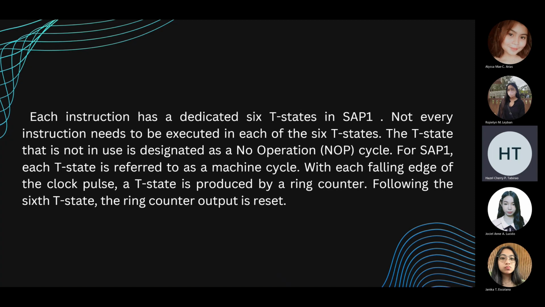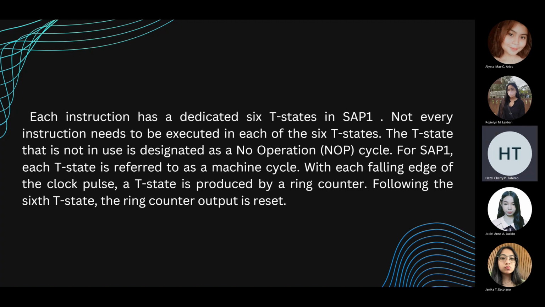Each instruction has a dedicated 6 T-states in SAP 1, 3 fetch and 3 execute cycles. Not every instruction needs to be executed in each of the 6 T-states. The T-state that is not in use is designated as a no operation, or NOP, cycle. For SAP 1, each T-state is referred to as a machine cycle, which occurs at each falling edge of the clock.